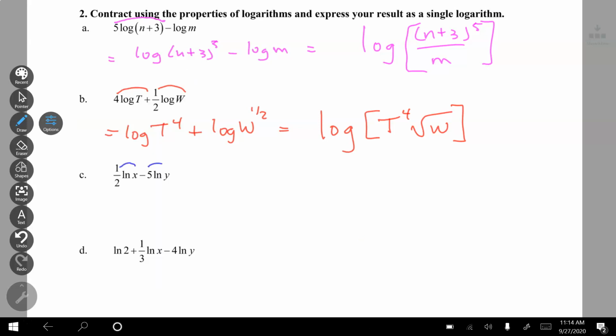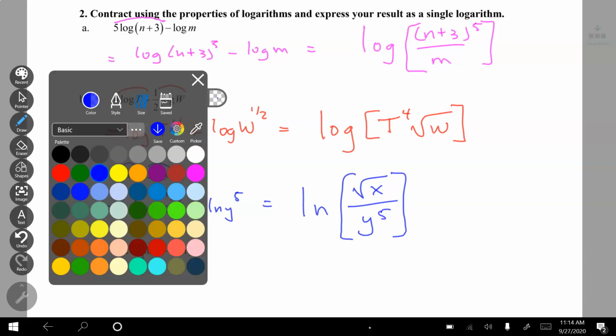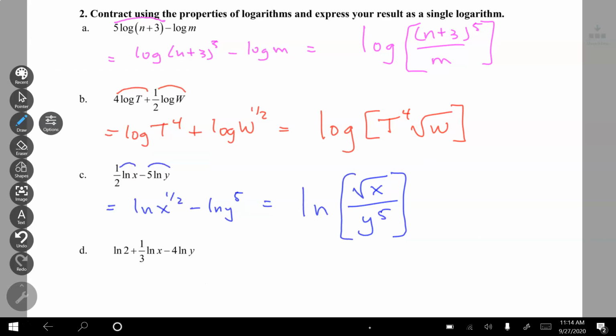Okay, I'm going to move these guys. Ln of x to the 1/2 minus... But now I'm subtracting, so I have to divide: 1 ln of the square root of x over y to the 5th. And then again, this is going to move, this is going to move.